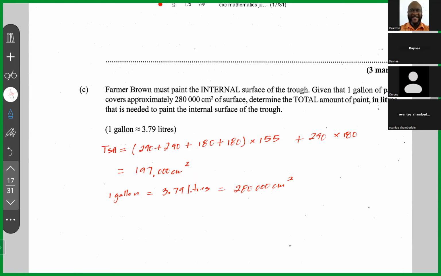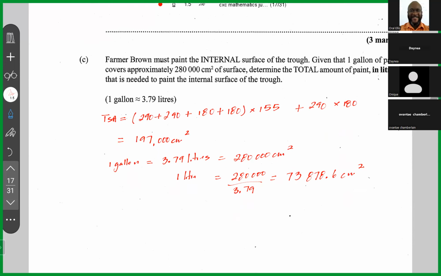All right, so 1 liter will cover 280,000 divided by 3.79, and this is equal to 73,878.6 centimeters squared. 1 liter of paint will cover that amount.